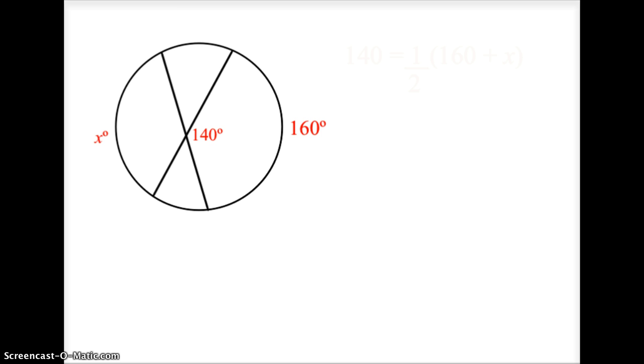So using the formula, I have that the measure of angle 1 on the left, 140, is equal to 1/2 both of those two arcs added together. So in order to solve for x, what would we do? Solve it algebraically and find out what the measure of arc x is.